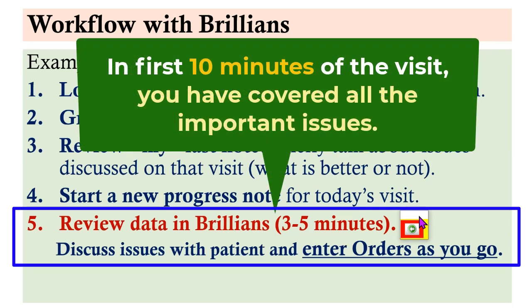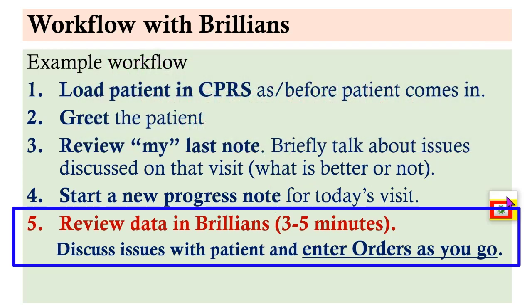But think about it this way: in the first 10 minutes of the visit, you have covered just about everything that needs to be covered as far as talking to the patient, looking at the abnormalities, and informing the patient what needs to be done. After that 10 minutes, the rest of the time is mine. I can do the physical exam and address patients' concerns, do the documentation, reminders, all the usual stuff.